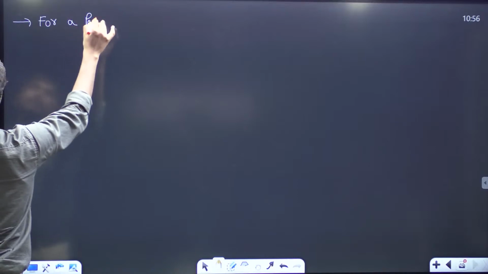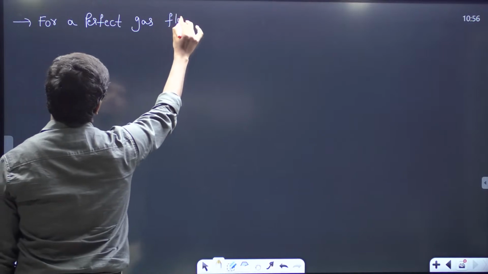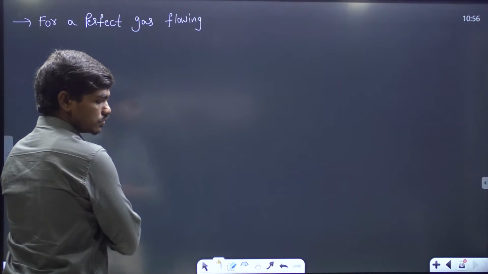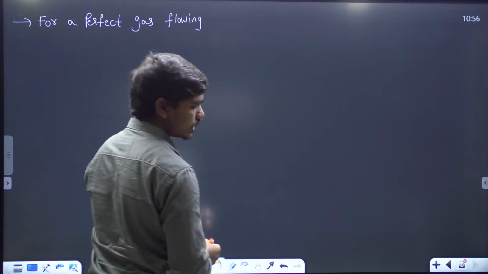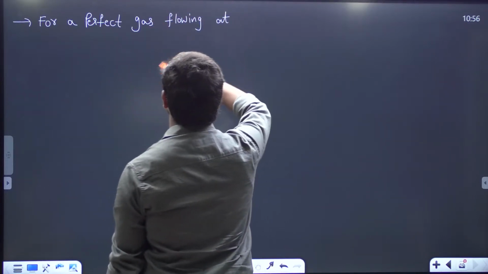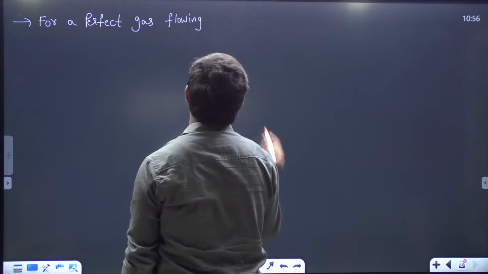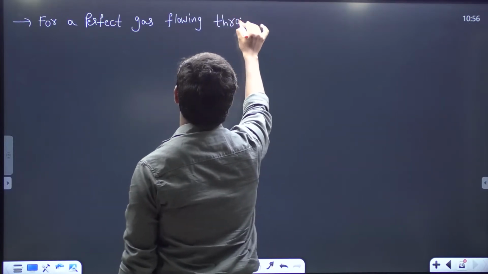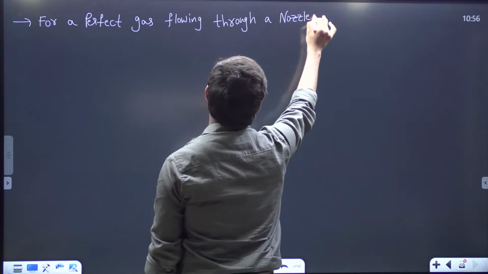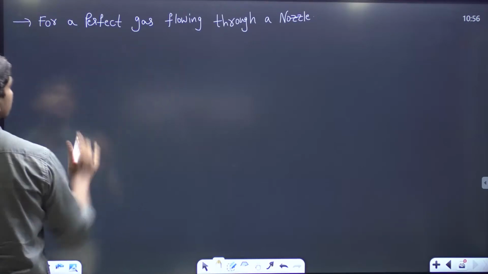For a perfect gas flowing through a nozzle, what is a perfect gas? An ideal gas for which specific heats are constant. I'll let you know how these are equal. So for a perfect gas flowing through a nozzle, see what happens.